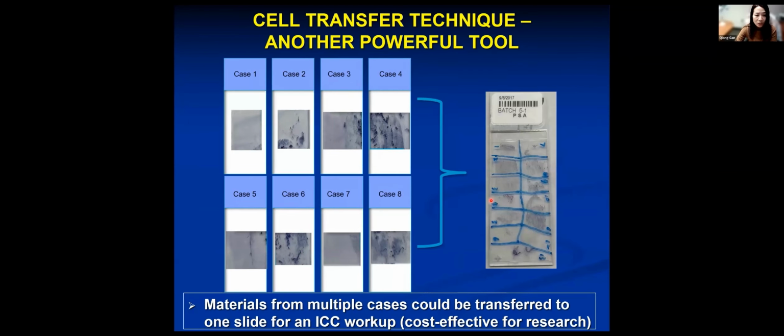On the flip side, materials from multiple cases can be transferred onto a single slide as shown here. If you have 8 cases, you can get a piece of the material and put them on one slide. Here is an example where I put 13 cases of metastatic prostatic adenocarcinoma to perform PSA, so this proves to be a cost-effective method, especially in a research setting.